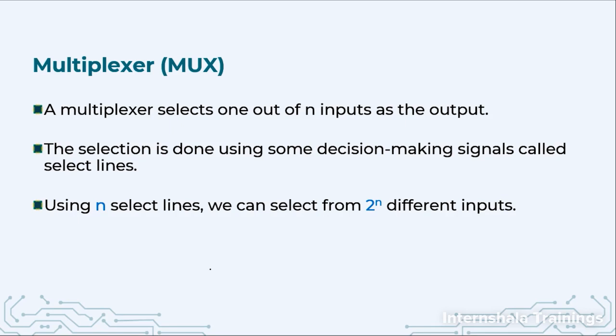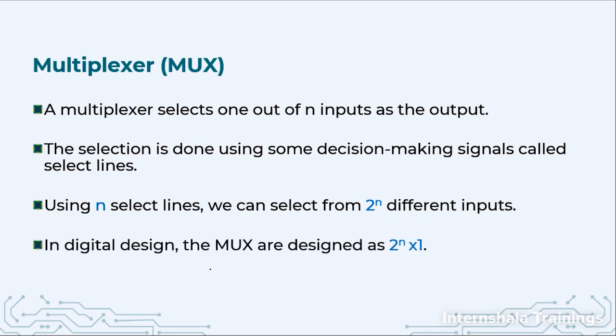If I have two select lines, then I can have four different decisions, 0 0, 0 1, 1 0, 1 1, and that is how using n select lines we can choose from 2 raised to power n different inputs. In digital design, the multiplexers are normally termed as 2 raised to power n cross 1. So if n is equal to 1, it will be 2 cross 1. For n is equal to 2, it will be 4 cross 1 multiplexer.